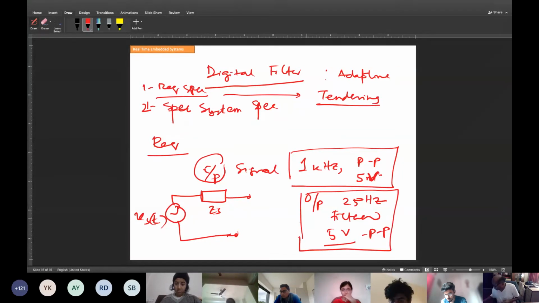Then the output impedance should also be specified, and it will be small. This is the output voltage, Vo, and it will also have an output impedance. So these are the requirement specifications.